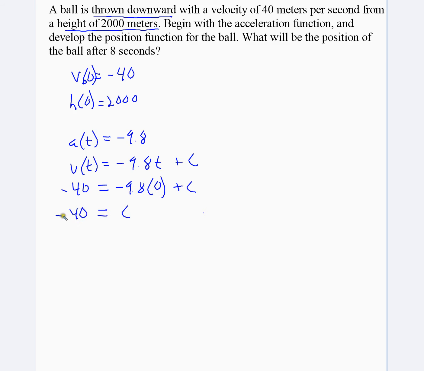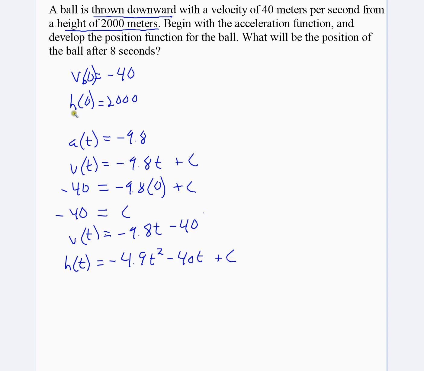And so we can now take our velocity function and put in that negative 40. So v of t is negative 9.8 t minus 40. We want to get to the position function, so we are going to integrate this. When we integrate this, it gives us our position or our height, and that's negative 4.9 t squared minus 40t plus c.